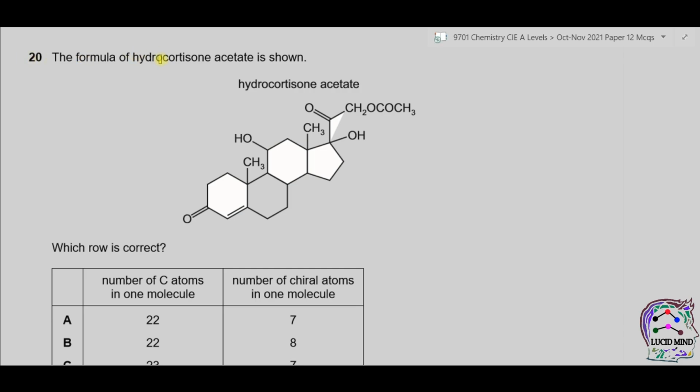Question 20. The formula of hydrocortisone acetate is shown. This is a structure. Which row is correct? We have to find out the number of carbon atoms in one molecule and the number of chiral carbon atoms present in one molecule.